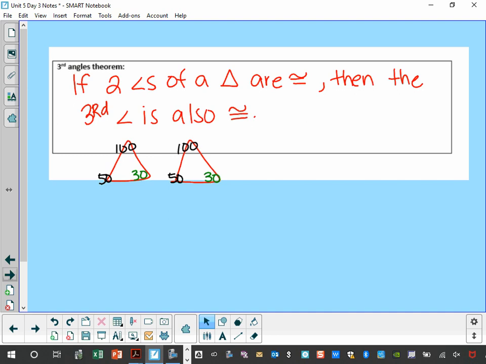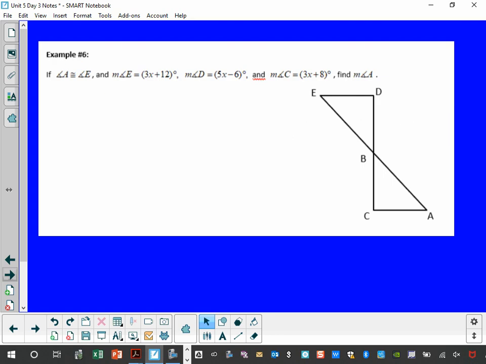And we have one more problem to do, just in time. We're doing this top problem here. All right, example 6. It says if angle A is congruent to angle E, so I'm going to draw these little arcs.